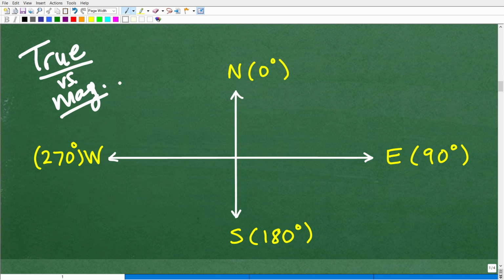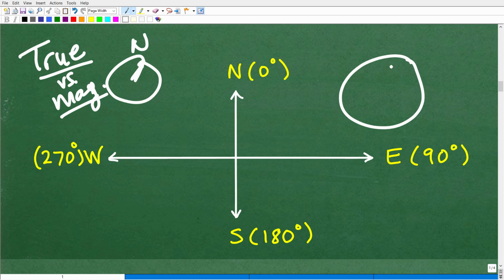But anyways, what you need to know is when you have your magnetic compass and you say, oh, it's pointing north, it's not actually pointing due north. In other words, here is the Earth, here is the North Pole, there's the South Pole. Your magnetic compass is not pointing due north. It's actually pointing over here by Canada.